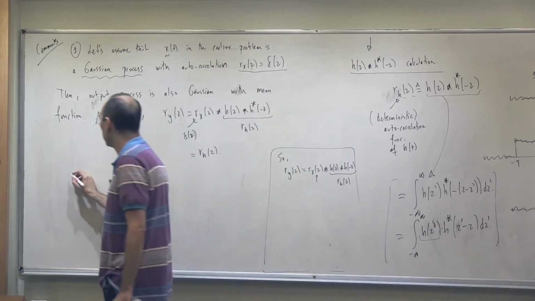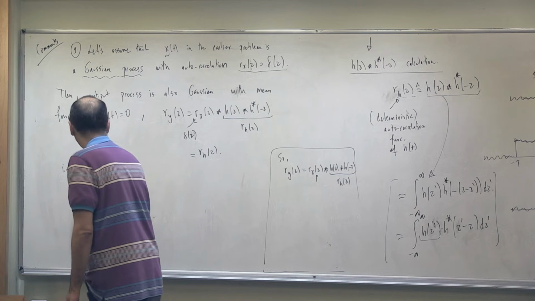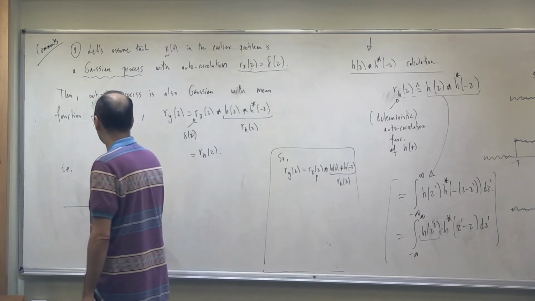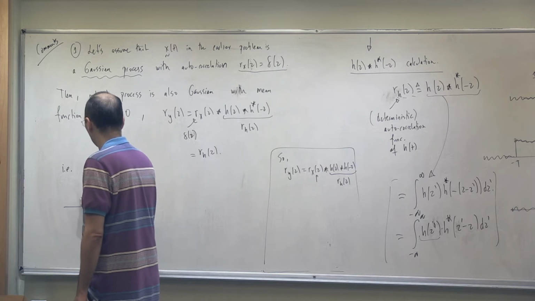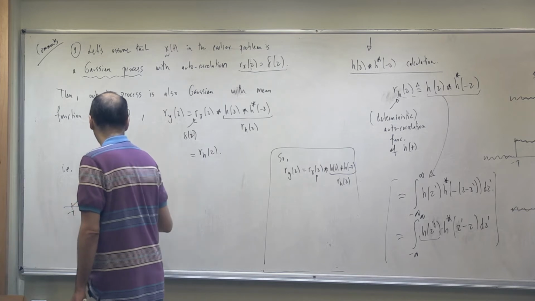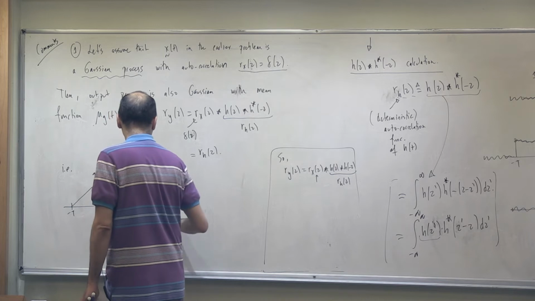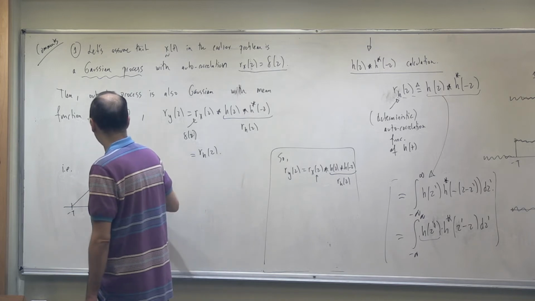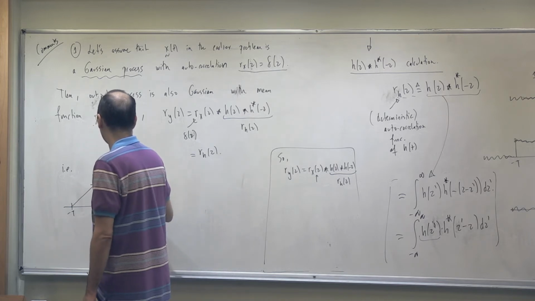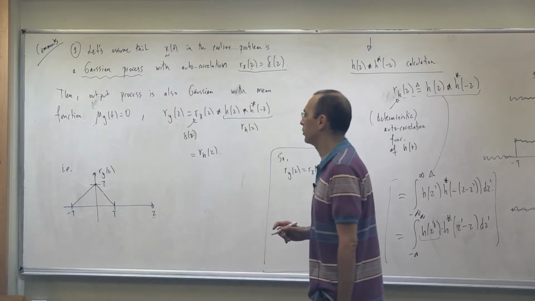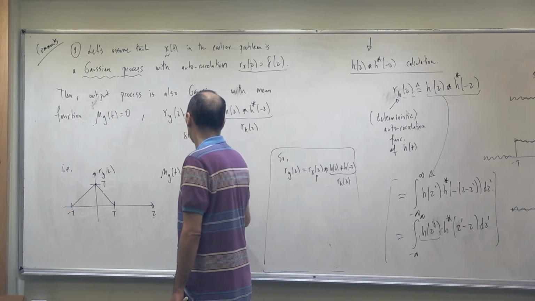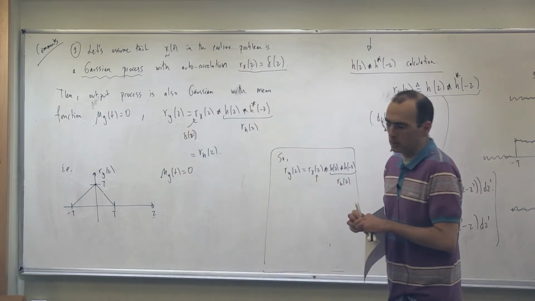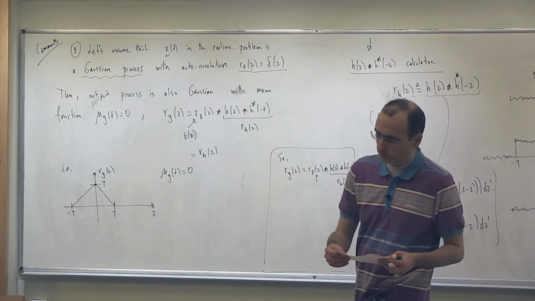If I sketch this, i.e., the output autocorrelation, Ry of tau is this. So this is what we have as the Ry of tau function. And let's just make a note, Ry of t is equal to 0. Now, let me see.